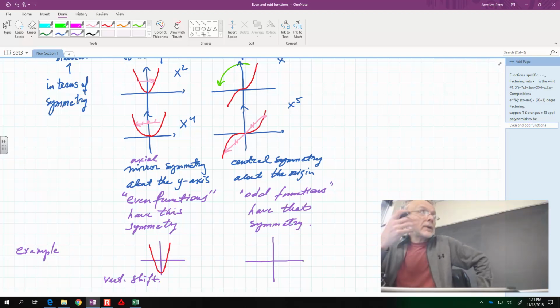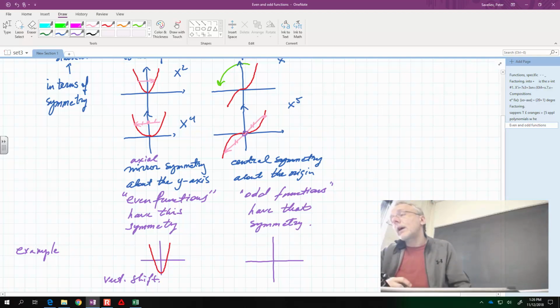You see, if I take that function on the right and shift it up, it won't be odd anymore. It will lose the symmetry because it will be moved away from the origin, and you definitely want your function to pass through the origin in order for it to be odd. So what can we do in order to preserve this property?